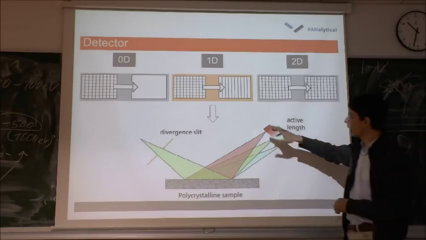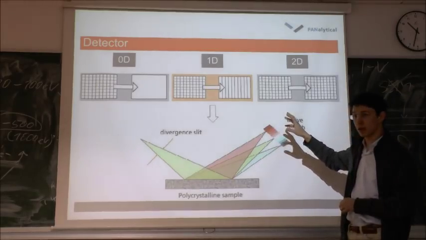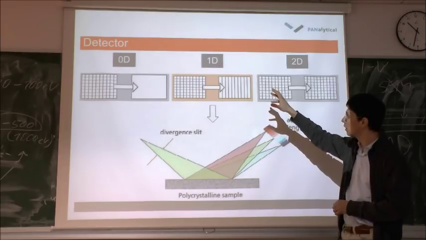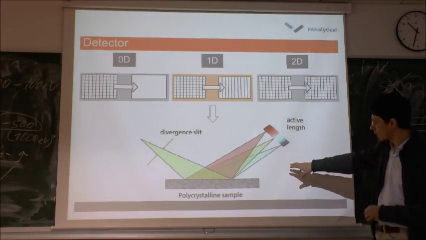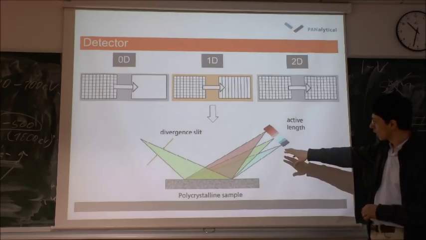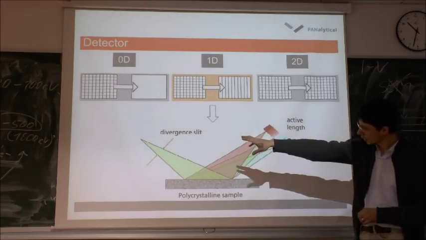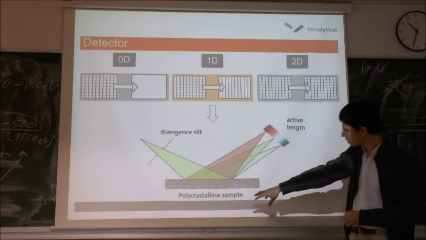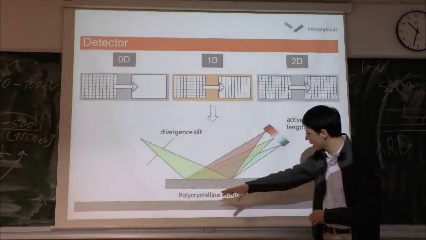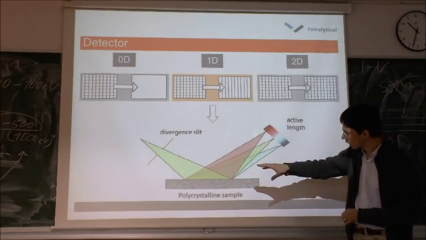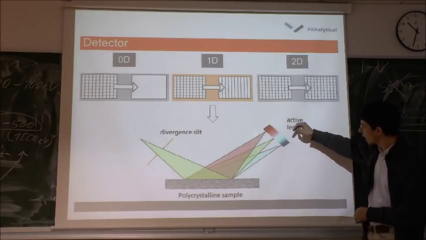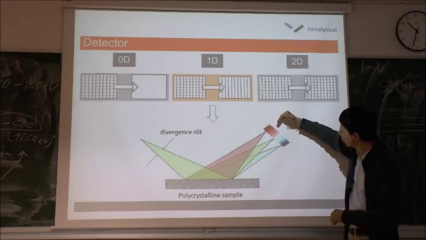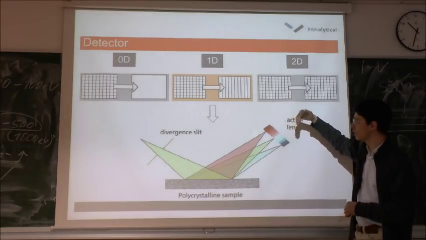So in most Bragg-Brentano applications, we use the detector in 1D mode. Why is this so? This is explained in this image. We have a divergent beam, and this beam shines on a polycrystalline sample, and we get diffraction at different angles. And basically, this line detector works as a series of detectors.